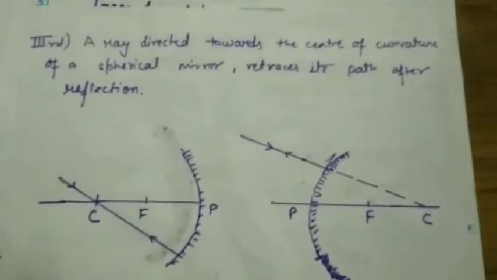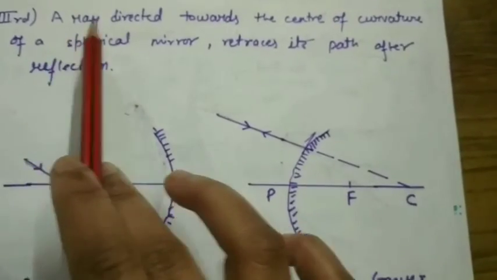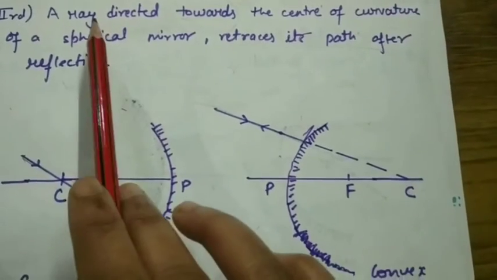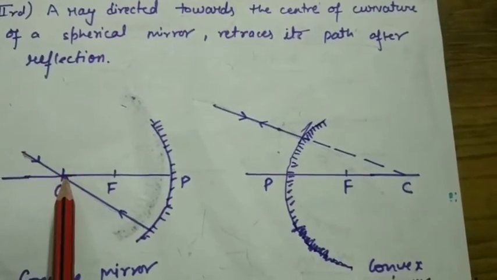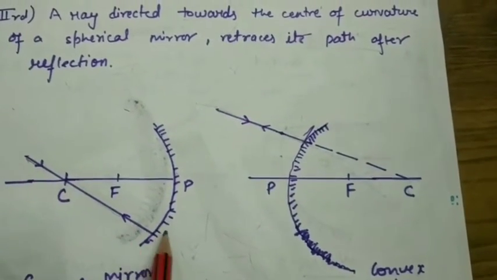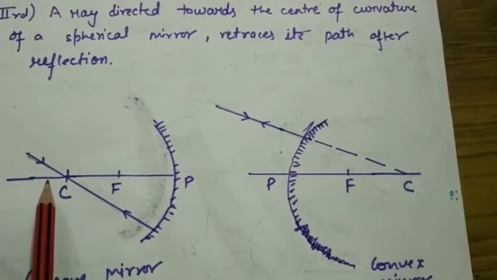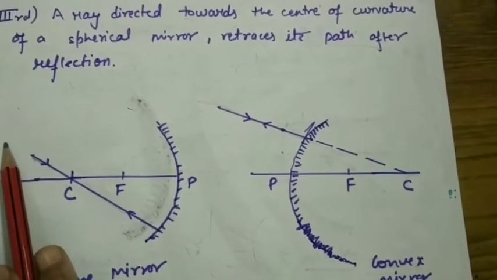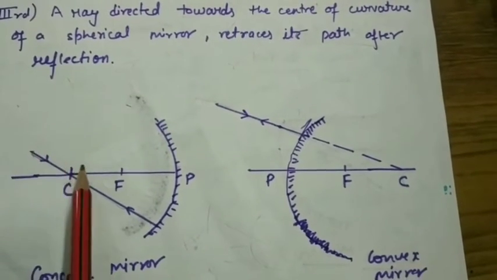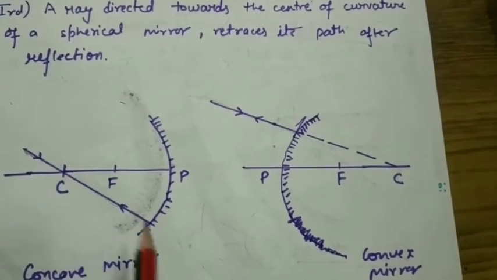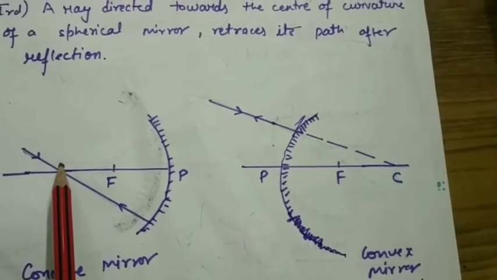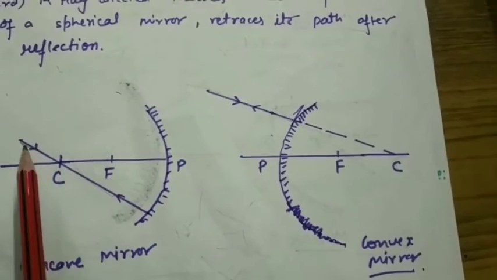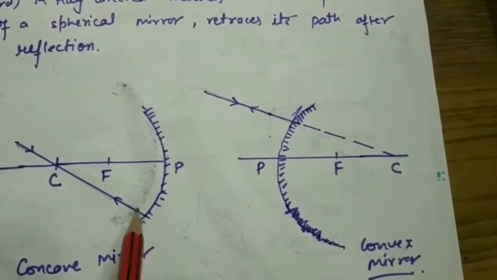The third law states that a ray directed toward the center of curvature will retrace its path after reflection. In the case of a concave mirror, if a ray falls on the center of curvature, when it gets reflected it will follow the same way. It will retrace its path and return along the same path.